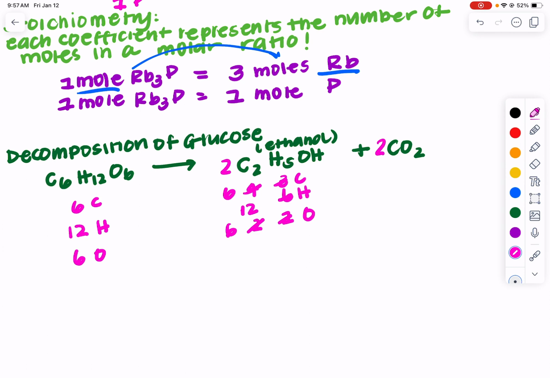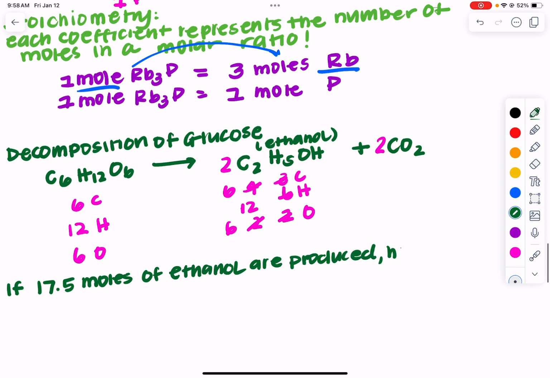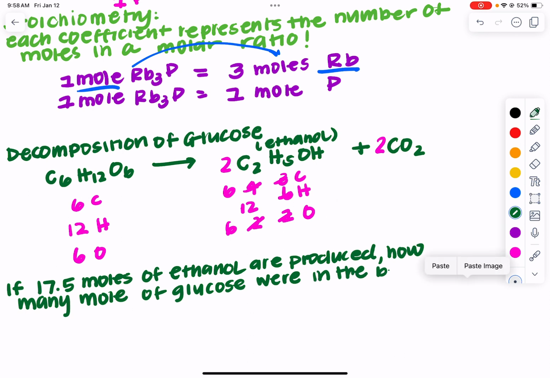Now, what if the question says if 17.5 moles of ethanol are produced, how many moles of glucose were in the beginning of the reaction?